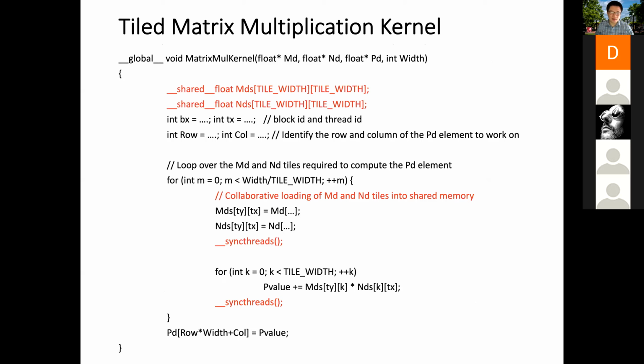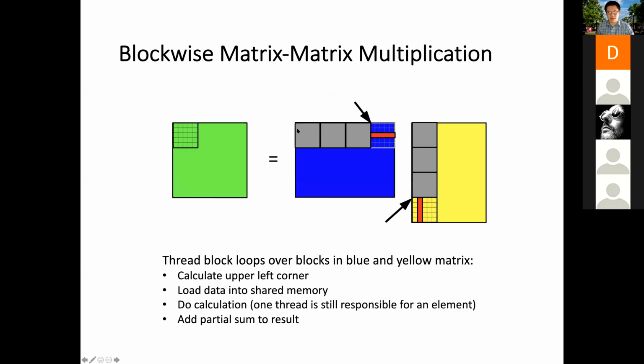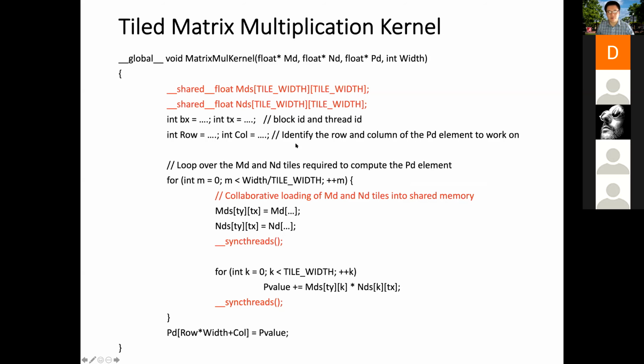But if this size exceeds the shared memory size, that will cause problems, so you should be careful about the tile width here. Tile width means the size of this block. Then you calculate the ID, calculate the row of the element you want to work on, and then loop over the first and second tiles required to compute the PD element.